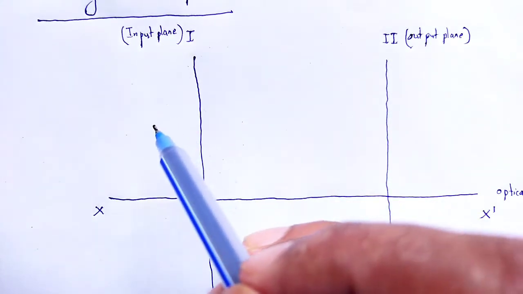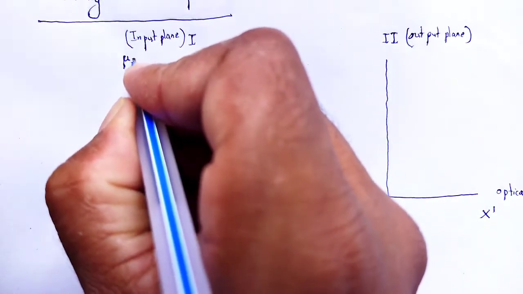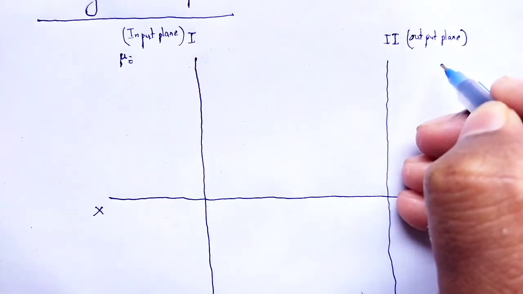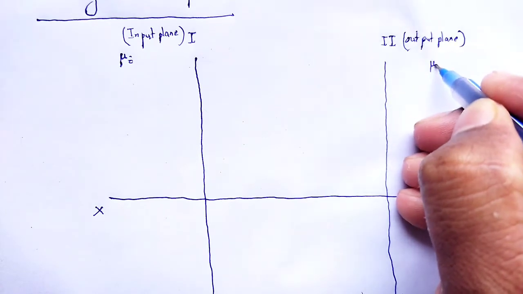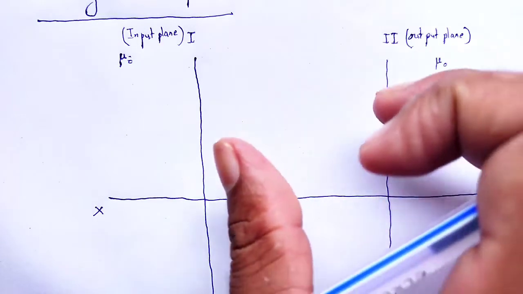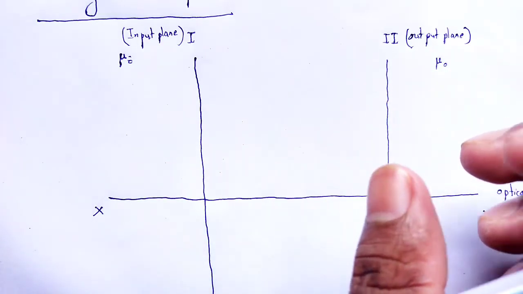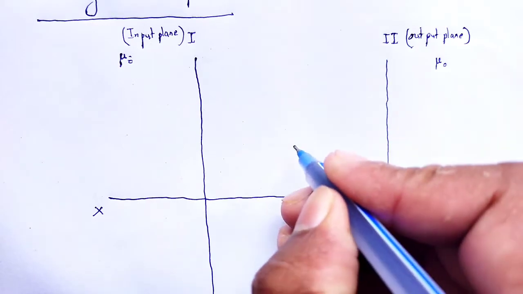The input plane has the refractive index mu I, the output plane has the refractive index mu O, and the medium between the input plane and output plane has the refractive index mu.